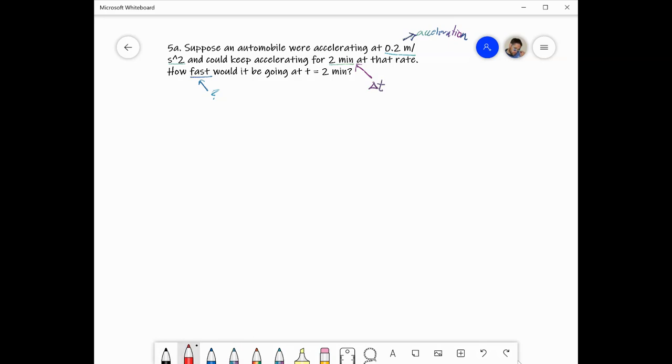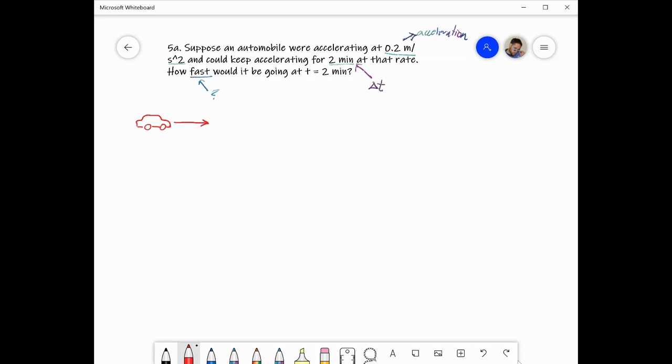So DGUESS starts out with a drawing. I'm going to start out drawing my little automobile here. Your automobile, I'm sure, looks a lot better than mine, but I like to do little drawings. It's an automobile that was accelerating at a particular amount. Let's say that it's moving in this direction.